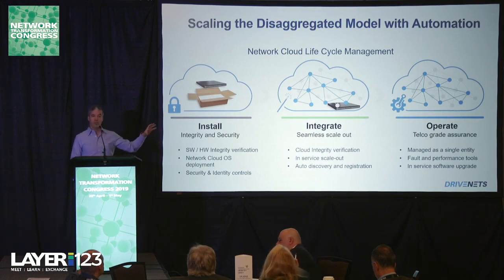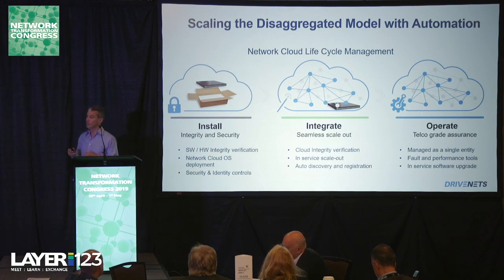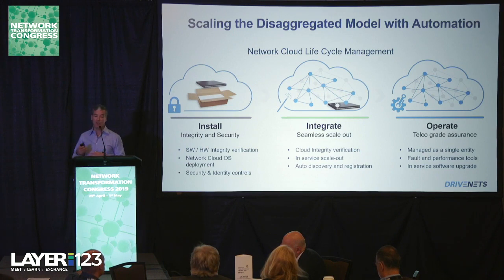So when a new white box arrives from the manufacturer, it's blank. There is no software on the hardware, and it's part of the management of white boxes. When the white box arrives, it's just connected to the internet and locates the orchestrator.